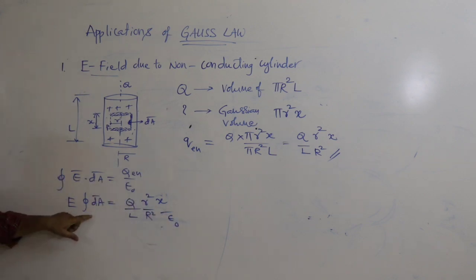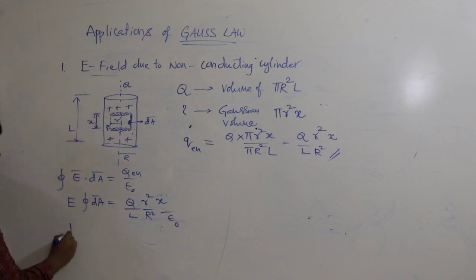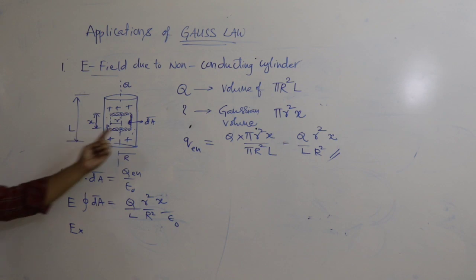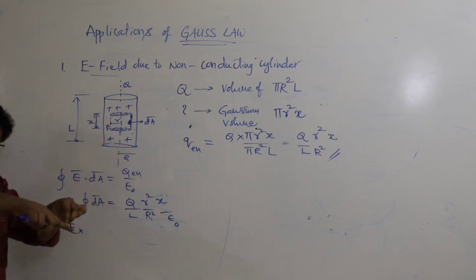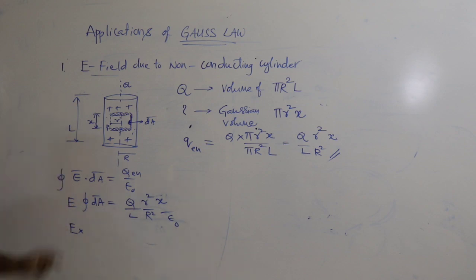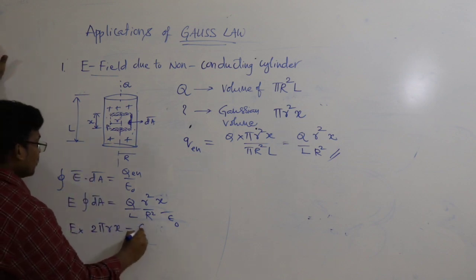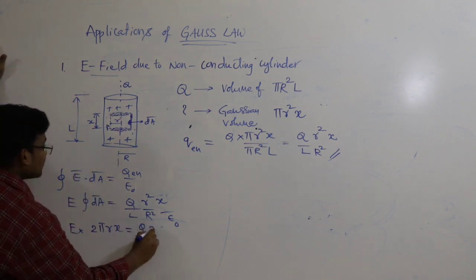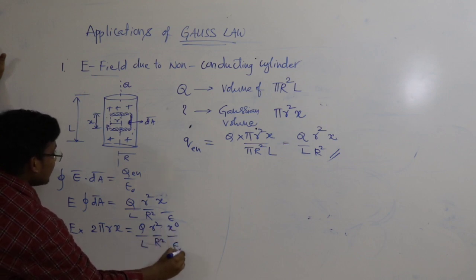Now the integration of dA is nothing but the area of this Gaussian surface. Electric field into, what is the area? You know that the Gaussian surface has a circle of length 2 pi r and x is the breadth, you can say. So 2 pi r x is equal to Q by capital L, small r square by capital R square, into x by epsilon naught.